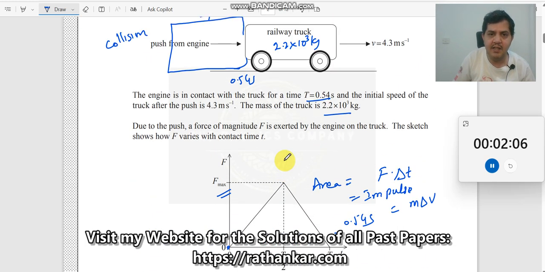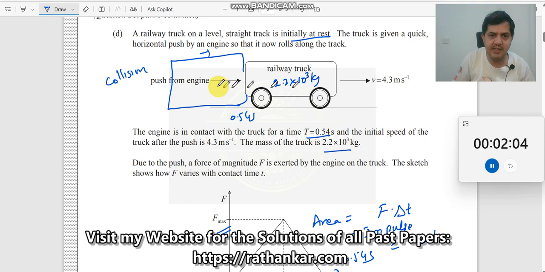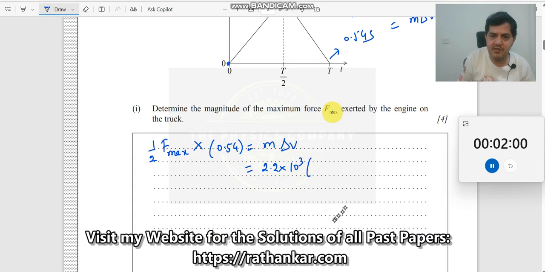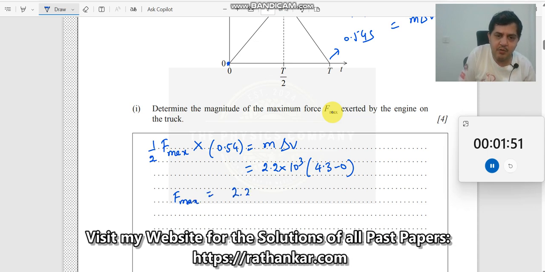What is delta v here? Initially, what was the velocity of the truck? 0. What is the final velocity? 4.3. So your answer here should be 4.3 minus 0. Therefore, F max is equal to 2.2 into 10 cube into 4.3 divided by whatever is here. Now there's a half also here. Cross multiply, this becomes 2 over here, and this is divided by 0.54.